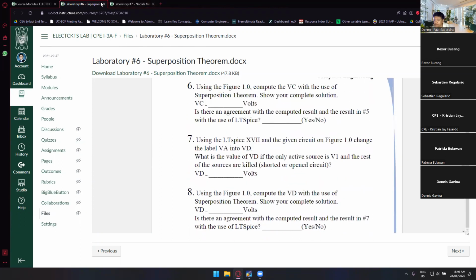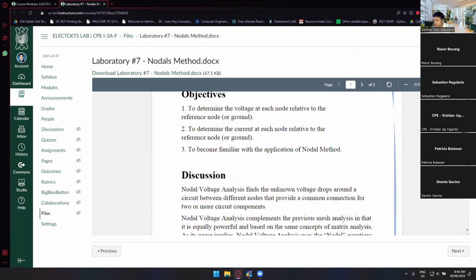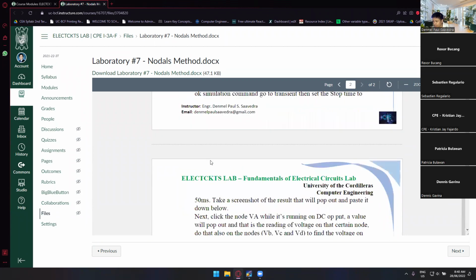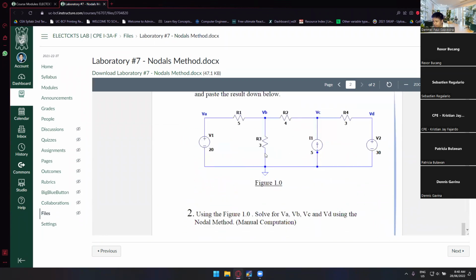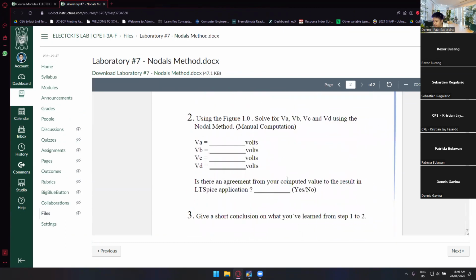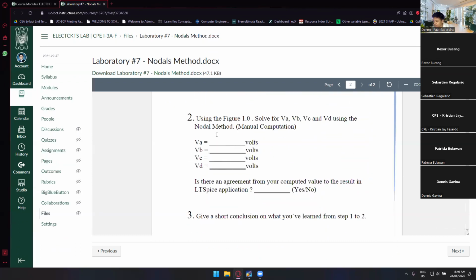And for your nodal method, we have here the topic learning objectives, discussions, procedures, and then here is a circuit. This one is quite easy, I think, since we only have one question, but it is composed of four different answers, five, including this one.